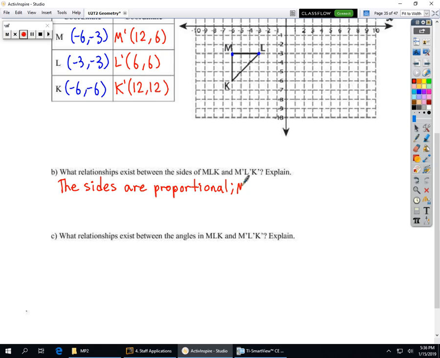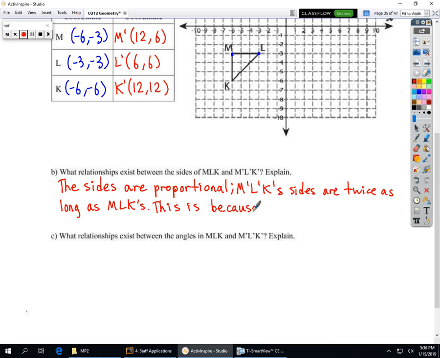That means M prime, L prime, K prime's sides are twice as long as M, L, K. So the sides are twice as long. Why does this occur? Because it's a dilation. If you want to be specific, a dilation by a factor of 2.